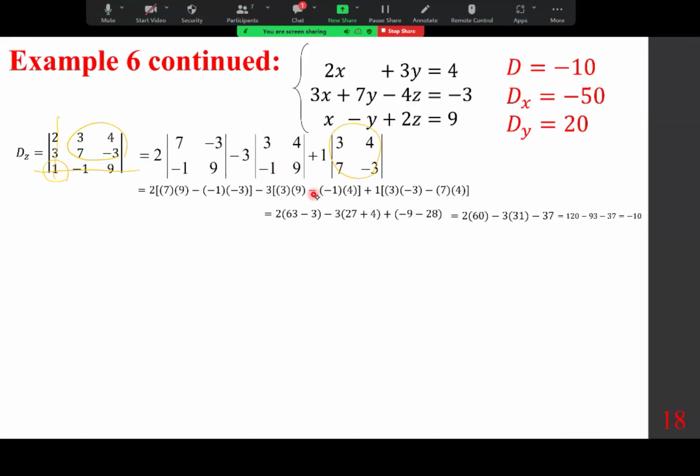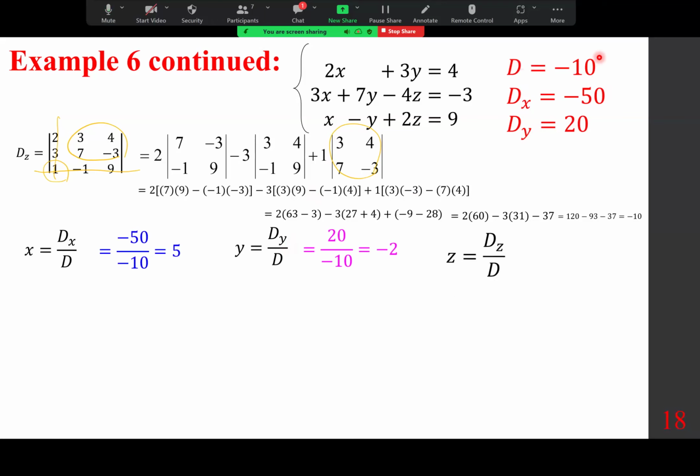So x is d sub x, which is minus 50 divided by d, making it positive 5. Y is d sub y divided by d. 20 divided by negative 10 makes it negative 2.